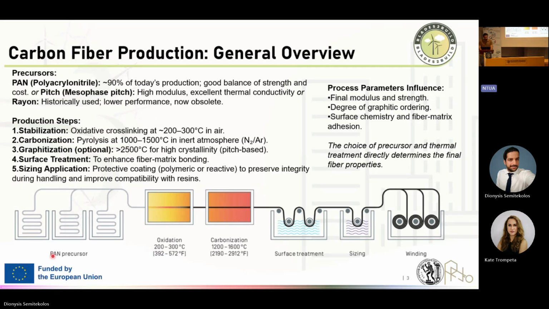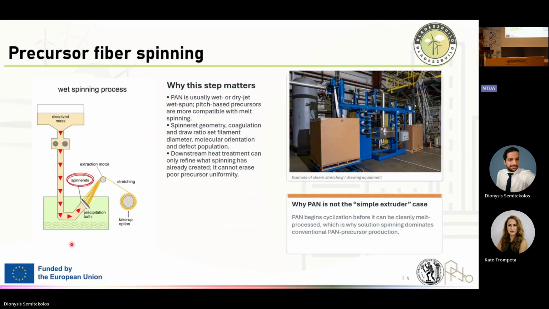Okay, so let's see how we get this polyacrylonitrile in a fibrous format. This is a process we call spinning, and there are different types of spinning techniques. We have melt spinning, which probably you saw yesterday during your visit, where the pyrolysis furnace was.